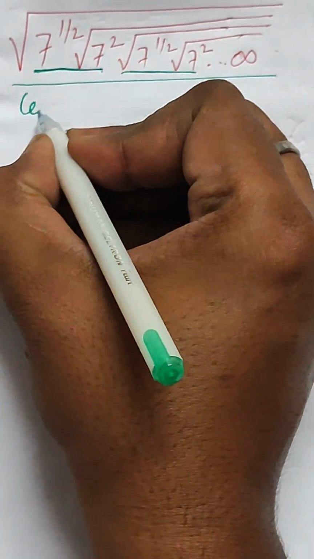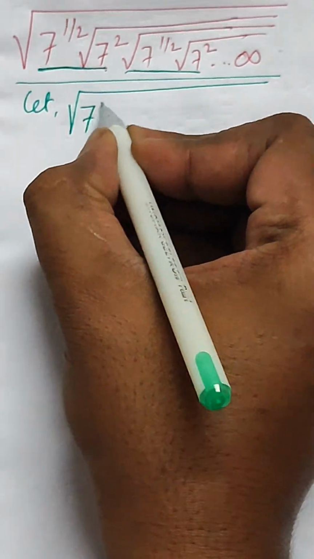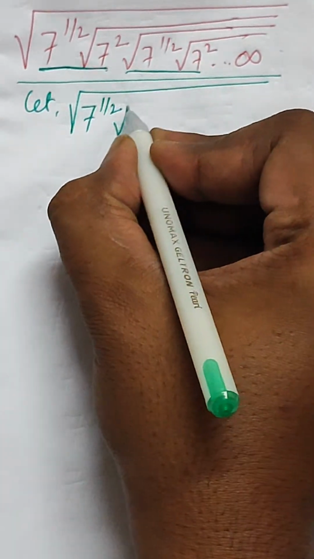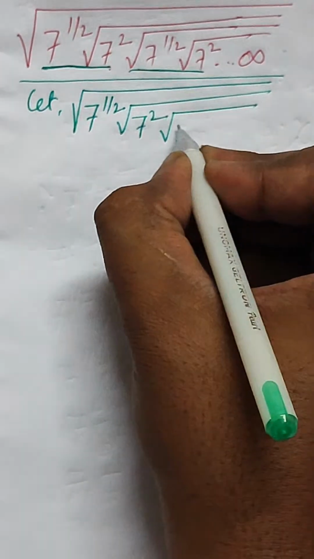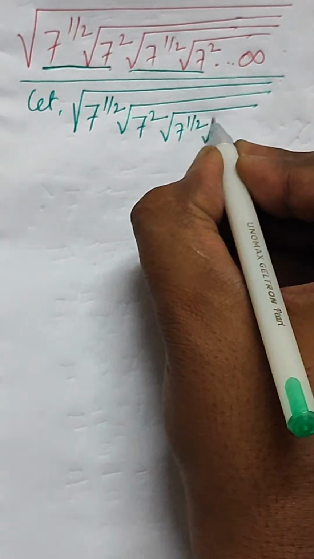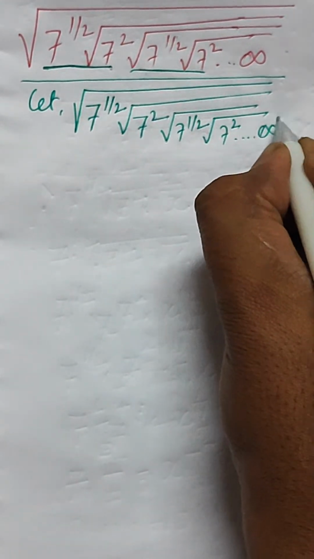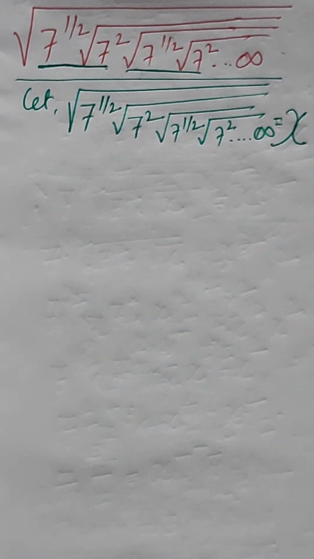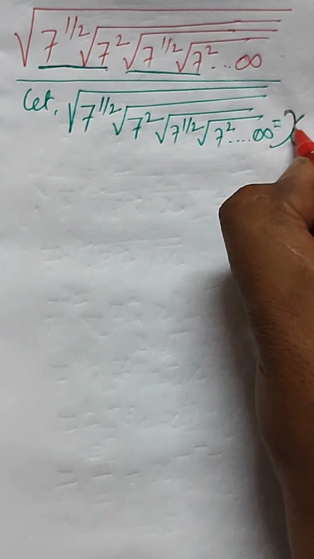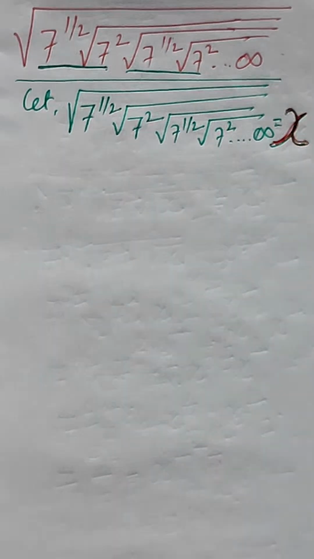Let us assume root over of 7 power 1 by 2 into root over of 7 square into root over of 7 power 1 by 2 into root over of 7 square, till infinity, as equal to x. Let us assume the entire expression given to you as equal to x.